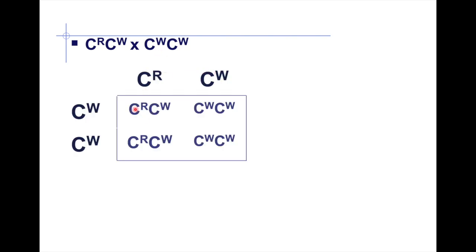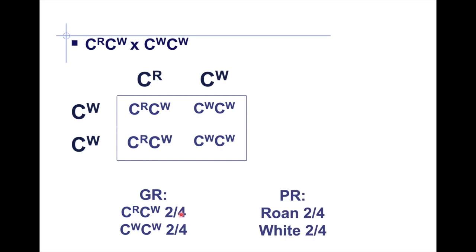So simply, again, just cross them together and interpret the genotypes. So CRW 2/4, CWW 2/4. Let's interpret the genotypes into phenotypes. RW is a combination, therefore roan. WW is white. For someone to be red, it has to be 2 R's.